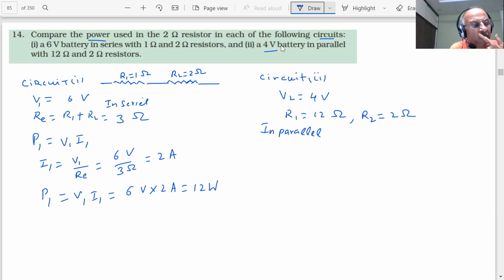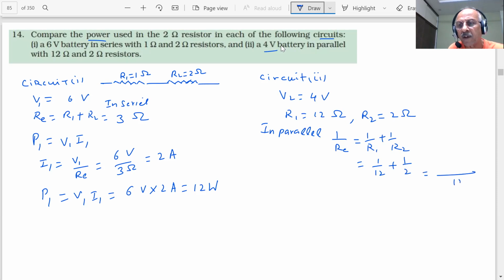In parallel, what happens? 1 by R effective is equal to 1 by R1 plus 1 by R2. 1 by 12 plus 1 by 2. How much do you get? 1 plus 6, that is 7 by 12. So what is RE? 12 by 7 ohms.